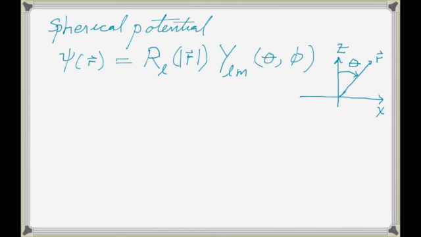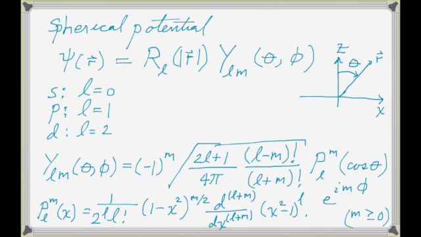And so for your s orbitals, L equals 0, P is L equals 1, and for this course we stop there, and D is L equals 2. We're only going to be dealing with L equals 0 and L equals 1. This full Y_LM, I'll write it out once. We never use it.